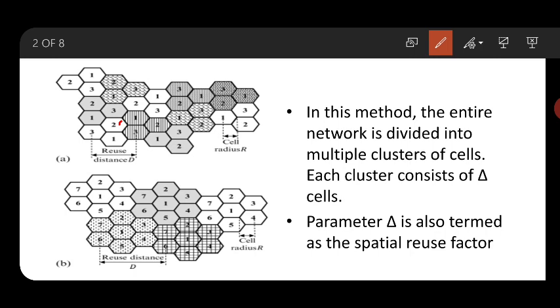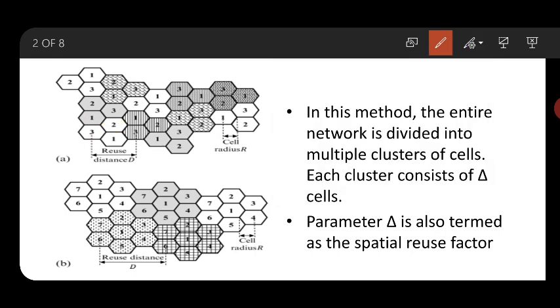For cell 3, the adjacent cell frequency will be 1, because 2 is already given here. The distance between same-frequency cells has to be far, because if I'm getting a signal at 3 from both 1s, we call it interference.